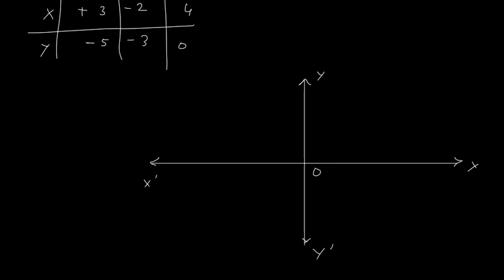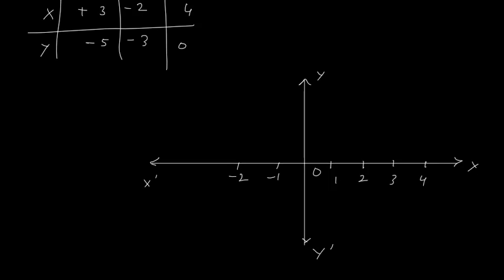Along the x-axis I have positive values till 4. So this is 1, 2, 3, 4. Write 1, 2, 3 and 4. On the negative side I have no negative value, but fine, you can write minus 1, minus 2, something like this.